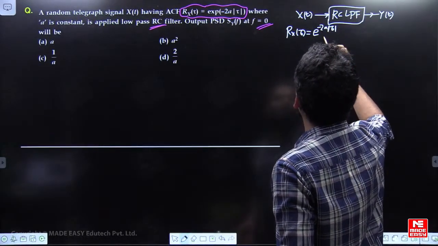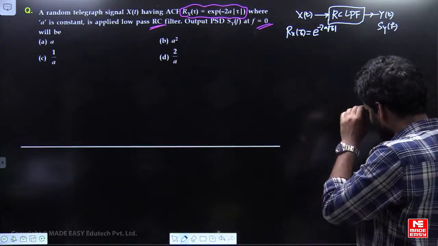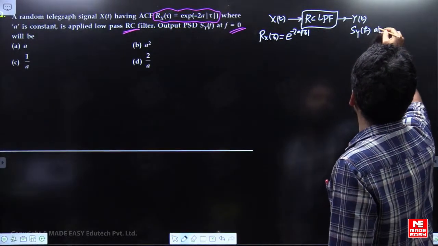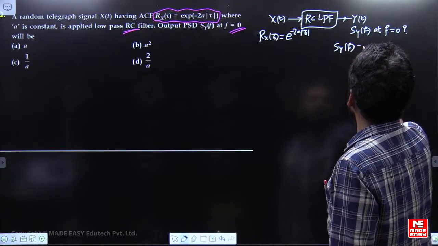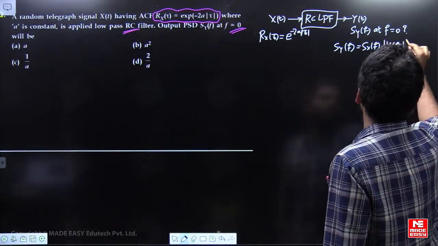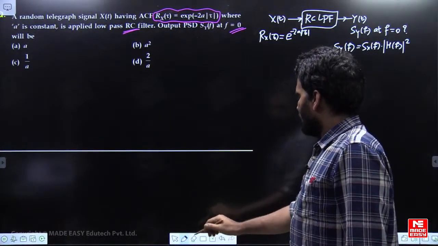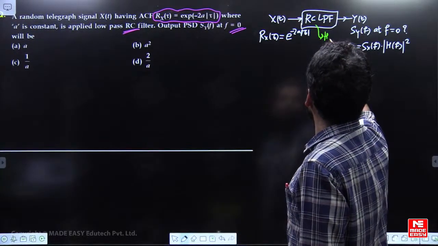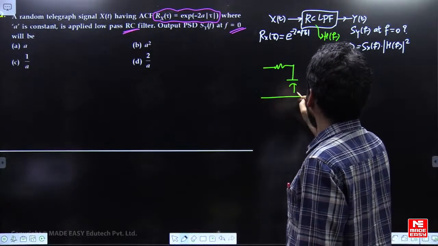This question is all about the PSD of the output, at f equal to 0. So output PSD is equal to input PSD into mod H(f) square. The transfer function of this RC low pass filter I am denoting with H(f). If you take an RC low pass filter, this is R and C.